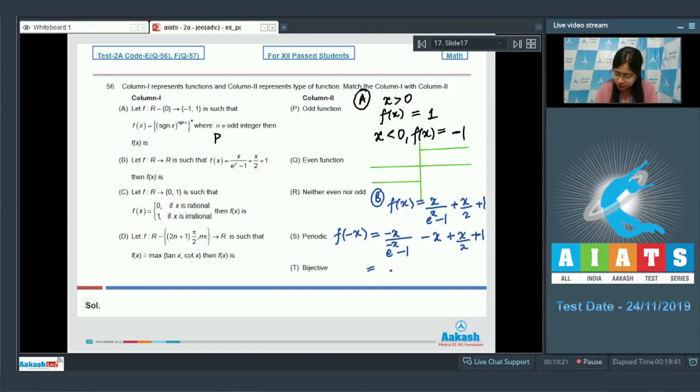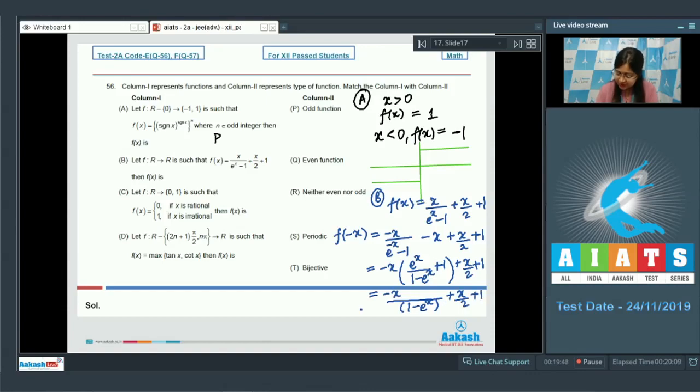So this will be equal to, taking minus x common, we are left with e raised to the power x divided by 1 minus e raised to the power x plus 1 plus x by 2 plus 1. So that is equal to minus x, and in the denominator we have 1 minus e raised to the power x. So here we will get in the numerator 1 plus x by 2 plus 1.